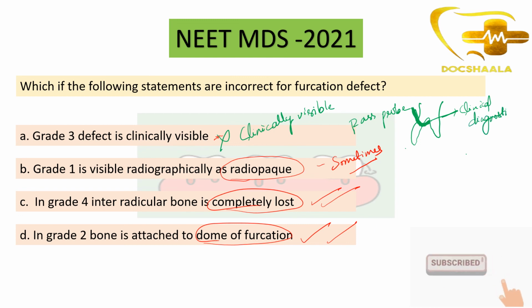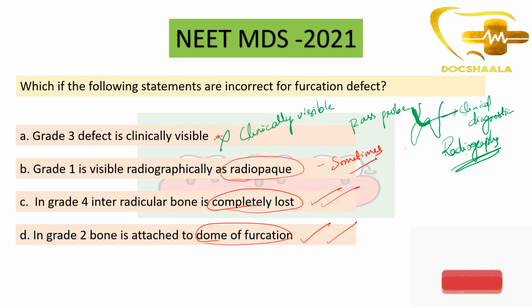But we can diagnose it based on radiographs also. As we have seen in the radiographs previously, we can diagnose it based on the vertical bone loss that we see radiographically and a crotch-like radiographic lesion appearance in the furcation region. So this will help in detecting the grade 3 defect.